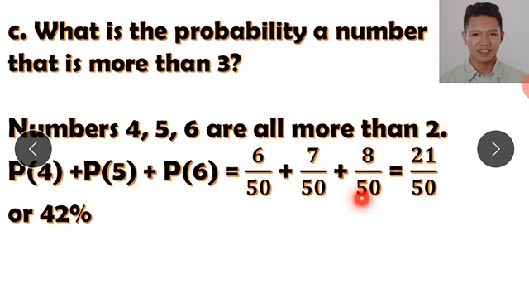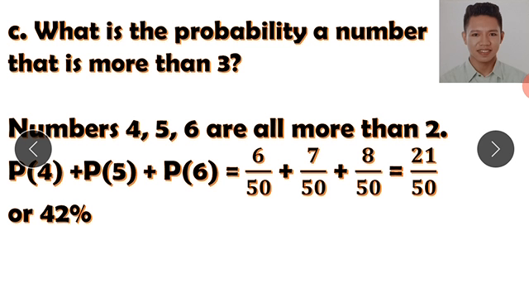So over 50, which is the number of trials. Then just copy the denominator, which is 50, and add the numerators. 6 plus 7 is 13, plus 8. The answer is 21. If you convert it into decimal, that would be 0.42, or in percent, 42%.